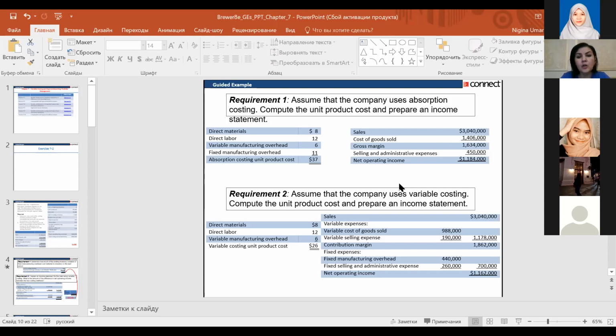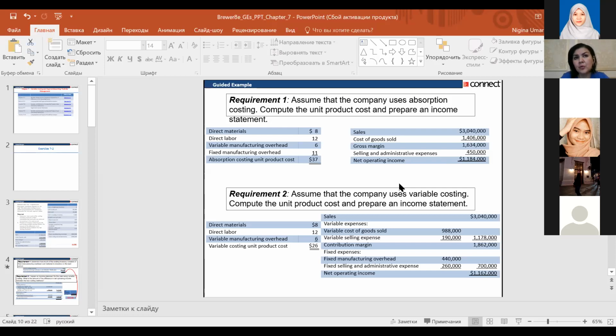What do you think? Which of the income statements, contribution format or absorption costing, the traditional format income statement, is more useful to managers? Which of them? Contribution format under the variable costing system, or the absorption costing income statement?